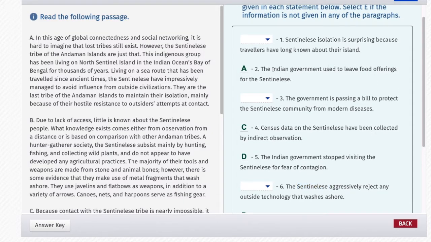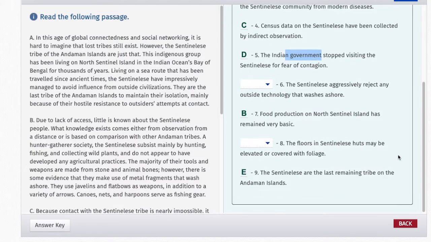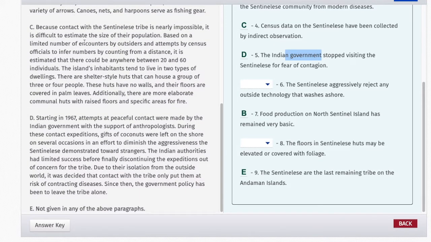Similarly, I see the Indian government, the government, the government. That's not going to be a keyword either because it's in many parts, and probably this whole text is about the government and the Sentinelese.